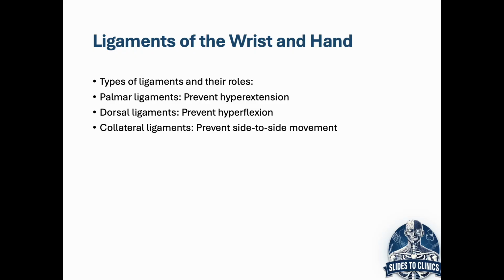This is at the basic level, and in the next few presentations, I will be talking more about the wrist ligaments, with a proper discussion and a more anatomical description of these ligaments.